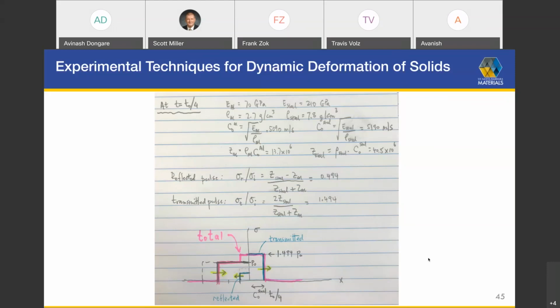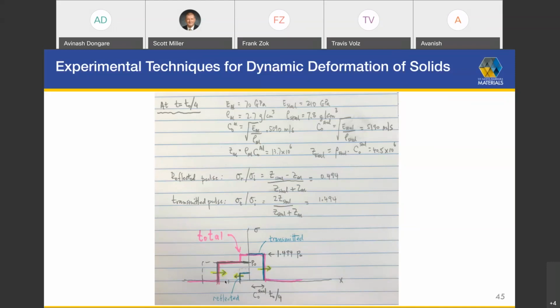So let me just walk through some of these little colored bits. This dashed line here is the pressure distribution at T equals 0. As we'd noted then, both the front of the wave and the rear of the wave are moving from left to right at some speed, the wave speed in the aluminum in this case.